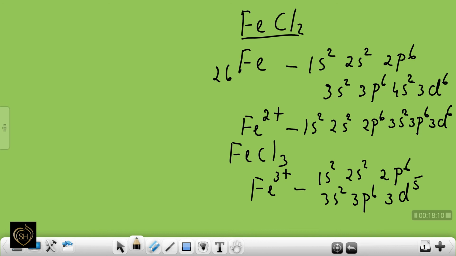So in the case of Fe2 plus, Fe loses electrons from the 4s subshell, and in Fe3 plus, 2 electrons from 4s and 1 electron from 3d.